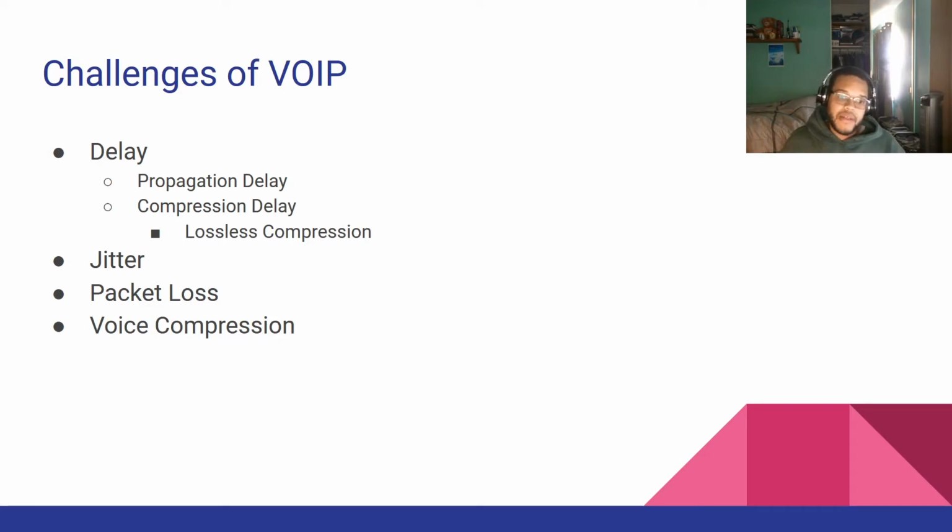And compression delay is the time it takes for any of your data, like text or voice, to get compressed so that it takes up less bandwidth overall and then gets sent.